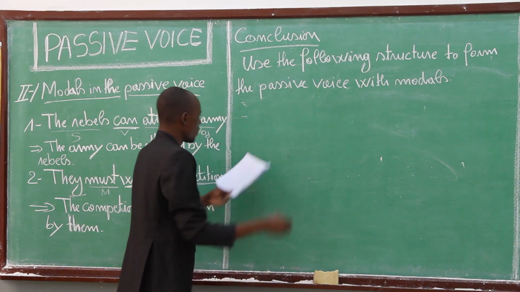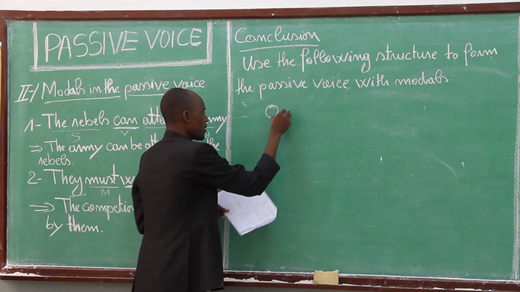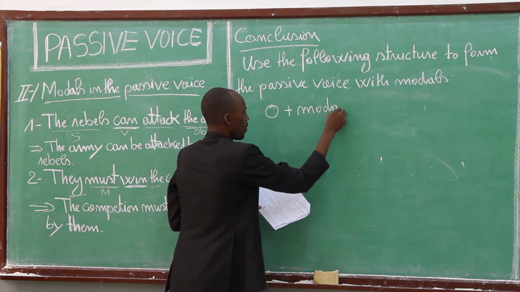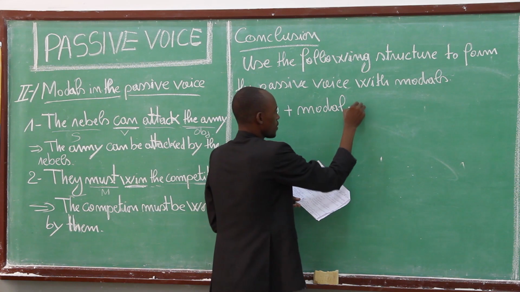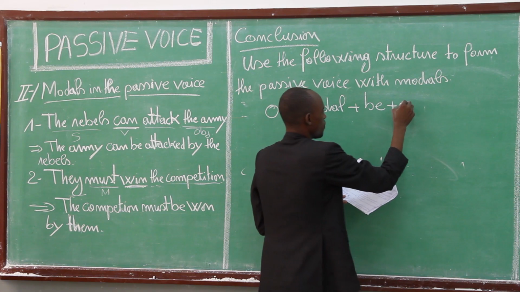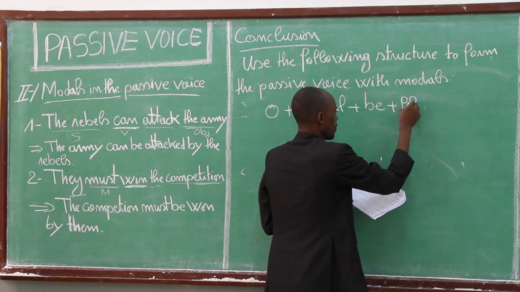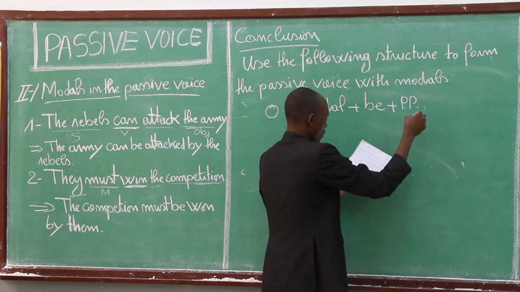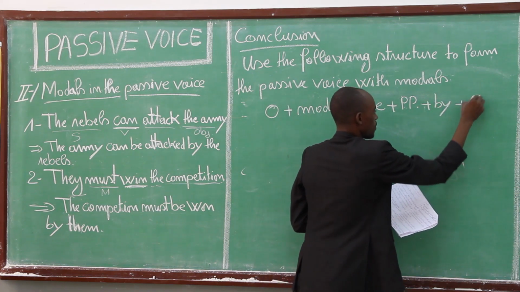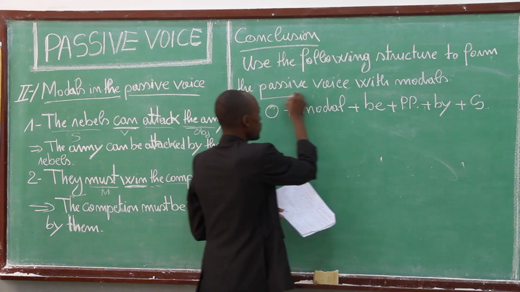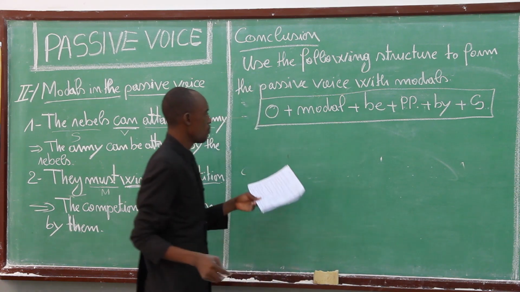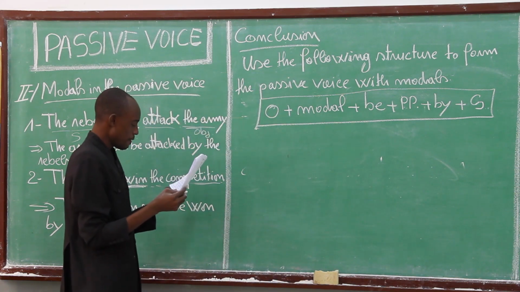The structure is object plus modal plus be plus past participle plus by plus subject. This is the structure of passive voice with modal verbs.